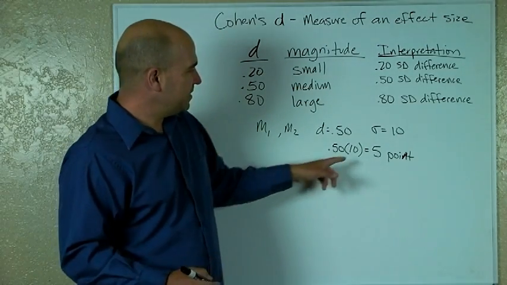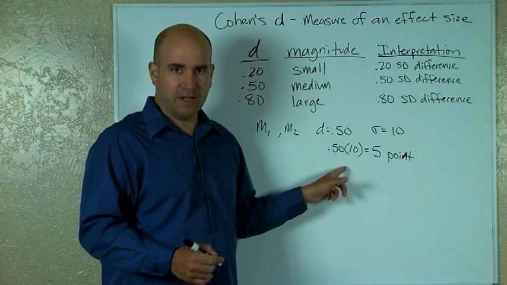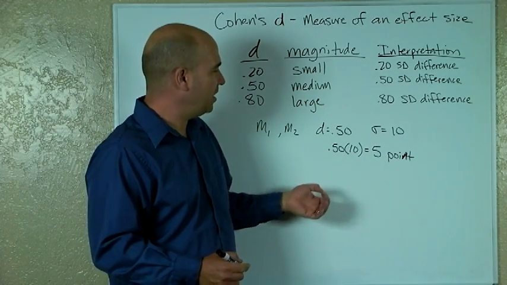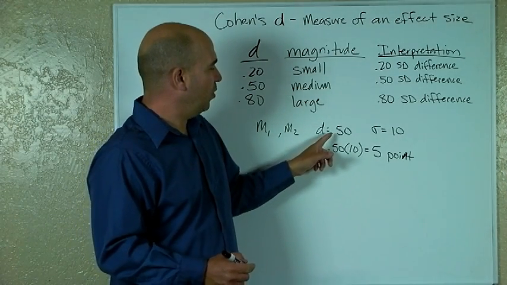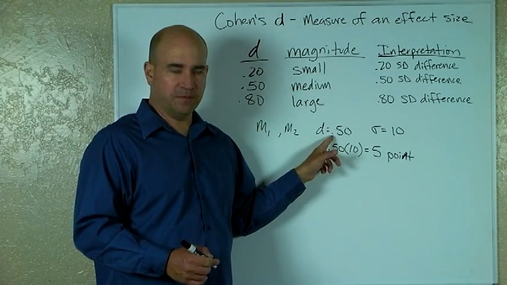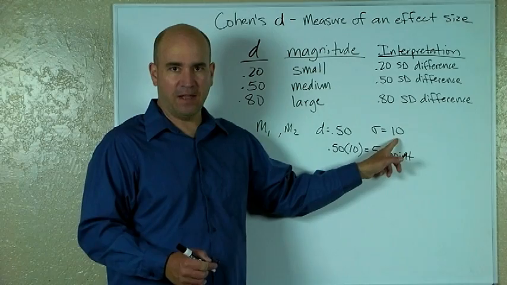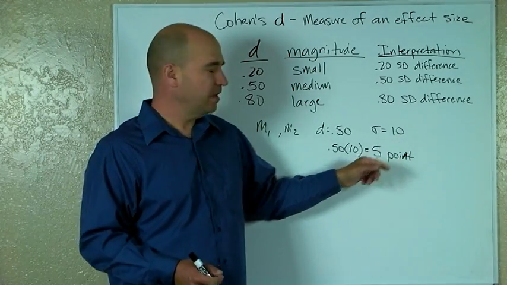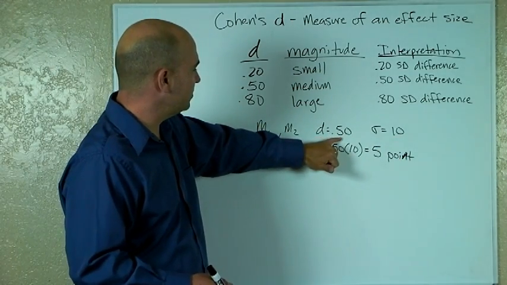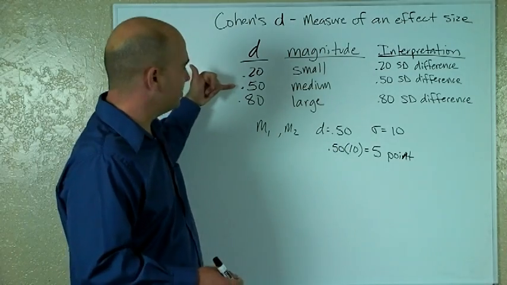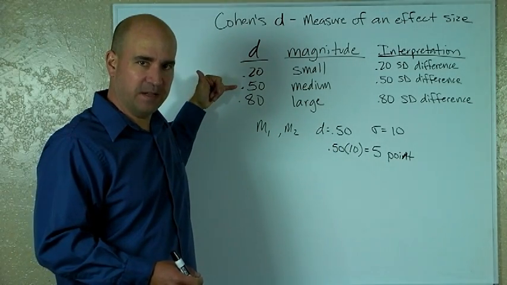Okay, so this example here, you don't have to do this yourself, but I was just trying to give you some context as to what this means. 1/2 of the standard deviation difference. If the standard deviation is 10 points, it's 1/2 of that, or about a 5-point difference. Okay, and once again, using Cohen standards, d of 0.5 corresponds to a medium effect size.